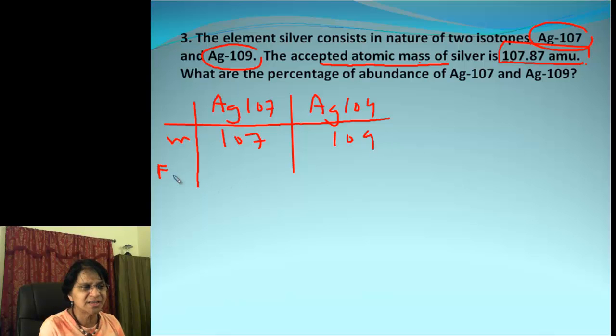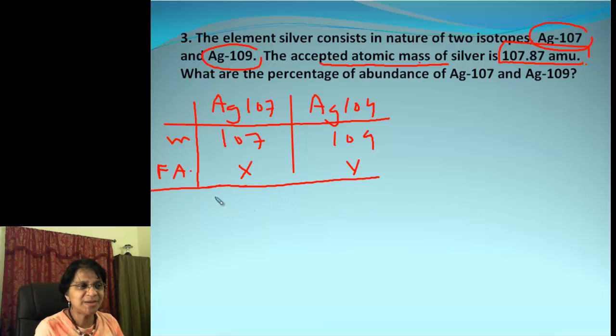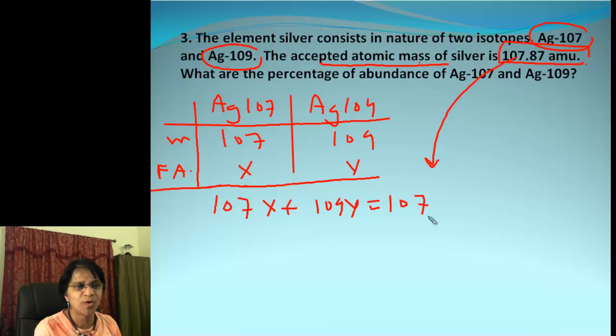If the fractional abundance is x for this and y for that, we multiply the mass with the fractional abundance and add it with the other isotope, and what we end up getting is the actual atomic mass, which is given to us as 107.87. We also know one more thing, x plus y is the fractional abundance, for which the sum total will be equal to 1.